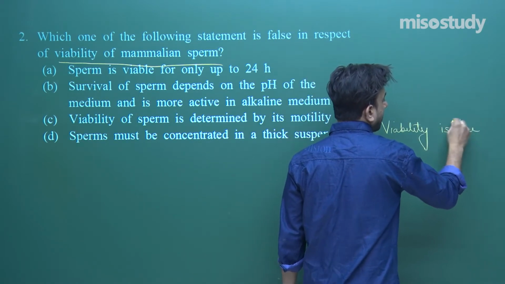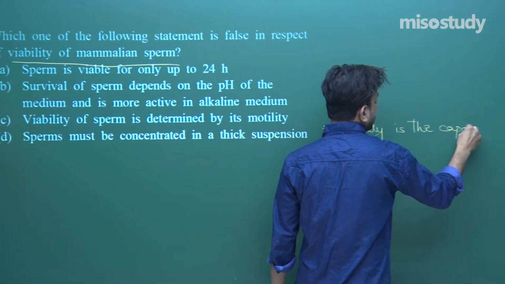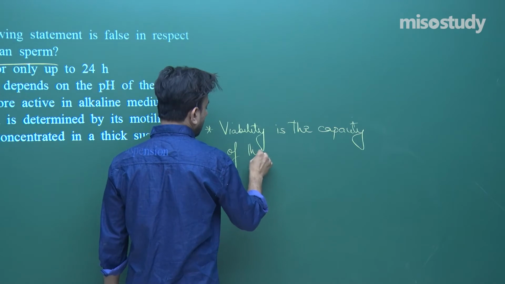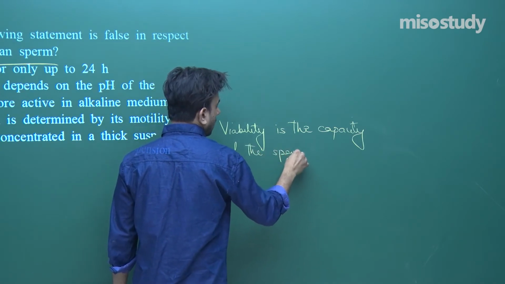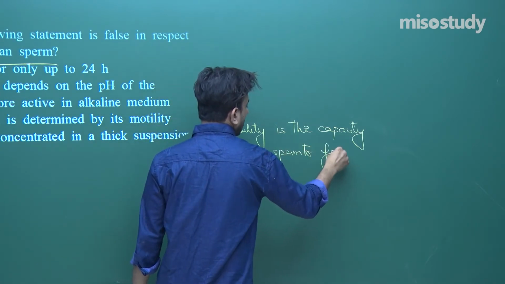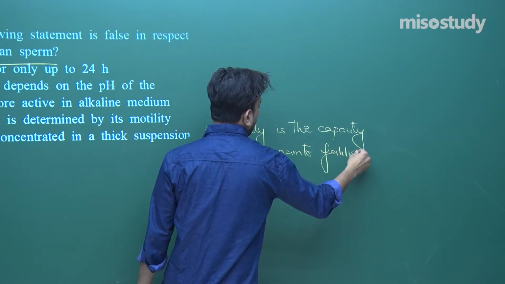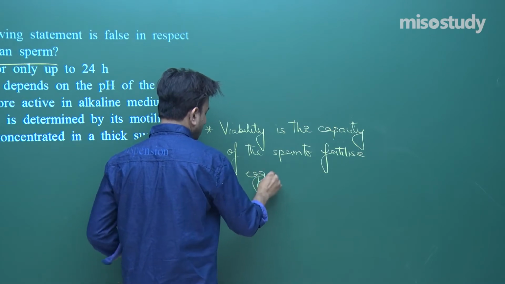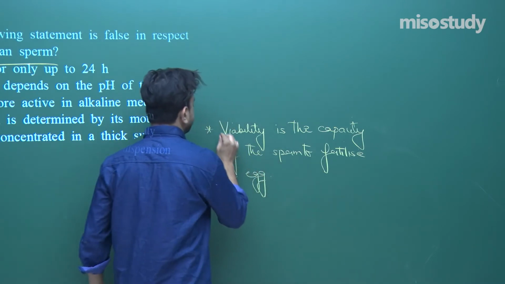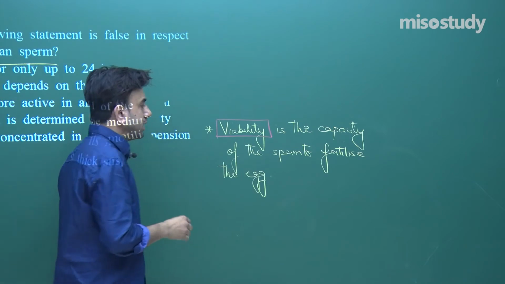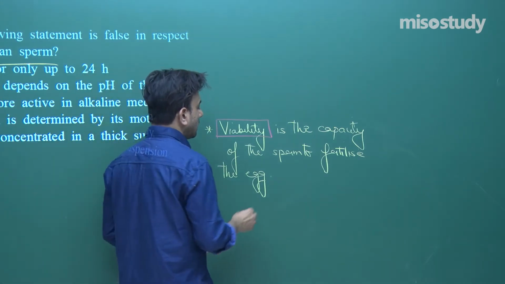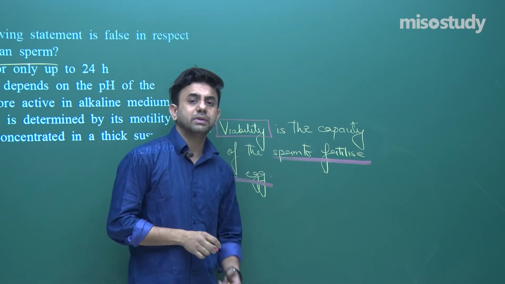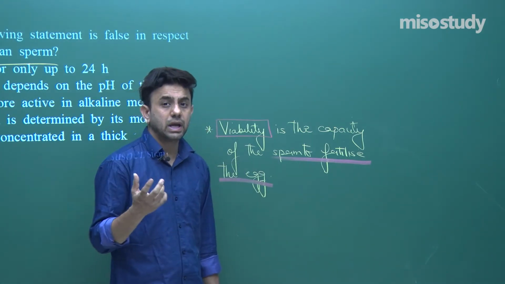Viability is the capacity of the sperm to fertilize the egg, right. That means till what duration or what time that sperm can fertilize the egg.